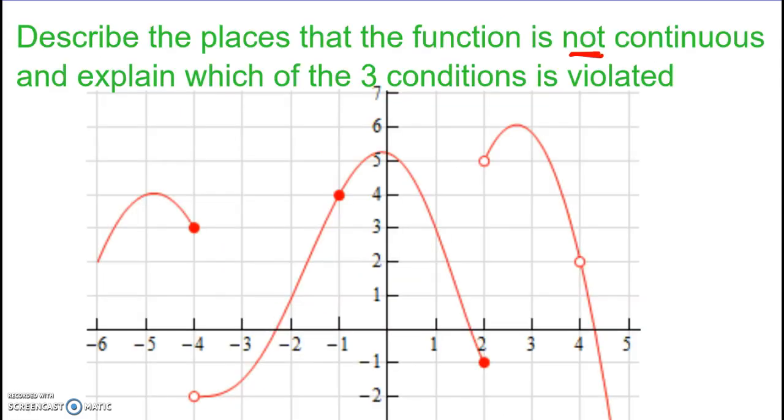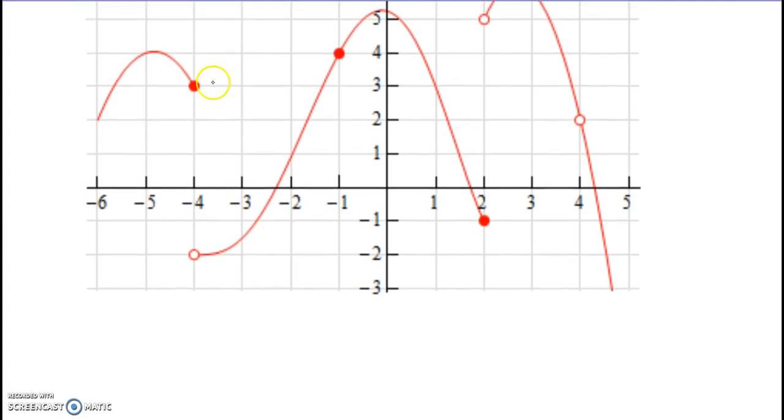So let's talk about where it's not continuous. Hopefully you see at the very first, going left to right, at -4, I have to pick up my pencil. So it's discontinuous at x equals -4.